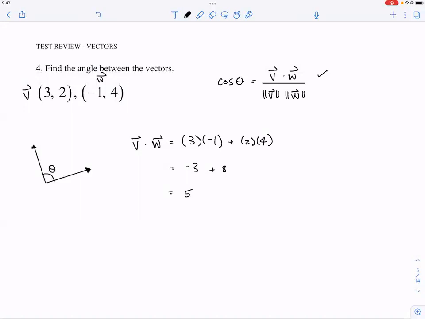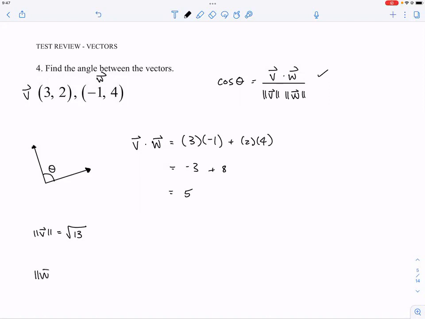And then we need to find the magnitude of these two individual vectors. What is the magnitude of V? Well, it is the square root of 3 squared plus 2 squared, so 13, square root of 13.